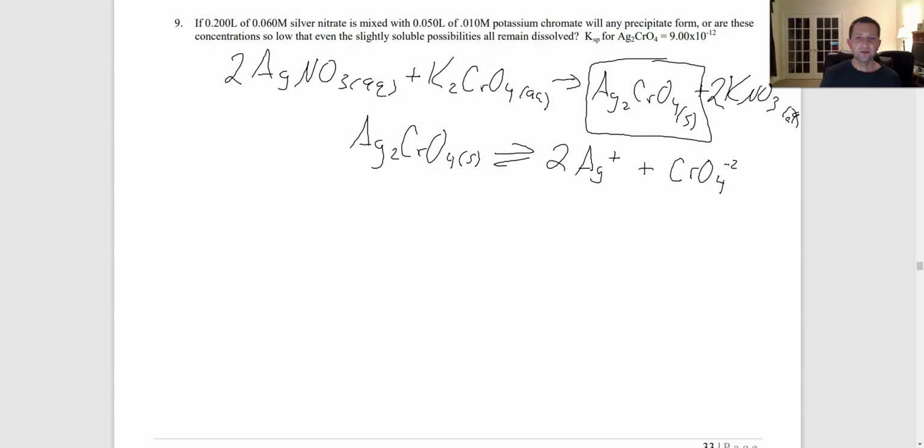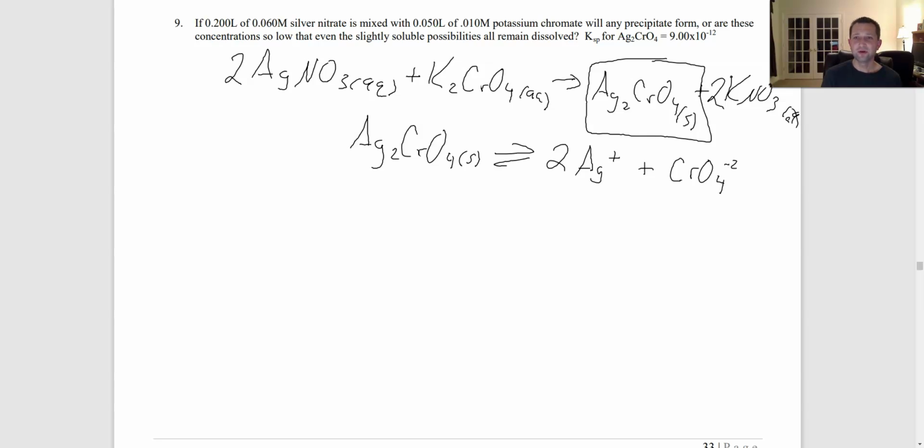The only way to figure out where this is going to lie is to ask, is this system at equilibrium? Am I shifted to the left? Am I shifted to the right? The only way to figure that out is to look at your current conditions and compare them to the KSP for silver chromate.